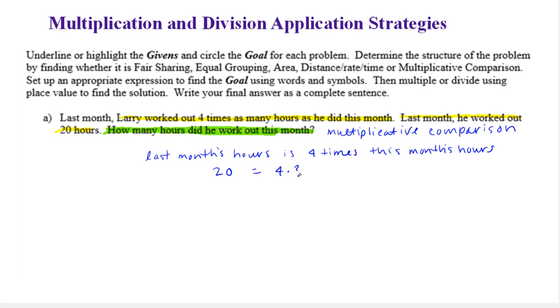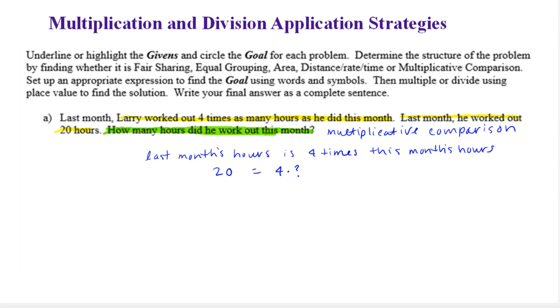And this month's hours is what we're trying to find. Okay. Now, this is a pretty simple problem in terms of the numbers, so you may be able to figure this out without rewriting it as a division problem, because it's saying 20 equals 4 times what number? Okay, so what do you multiply 4 by to get 20? And the result is going to be 5.